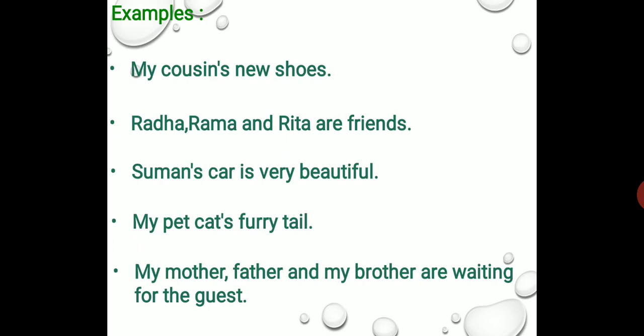How to read it? My mother, father and my brother are waiting for the guest. Now from these examples you get clarity about which are the possession forms of the sentences and which are the sentences with commas.